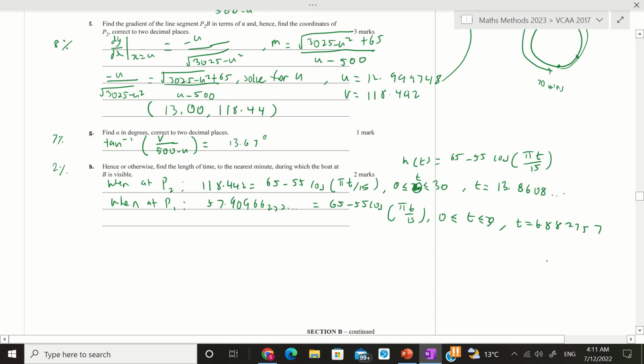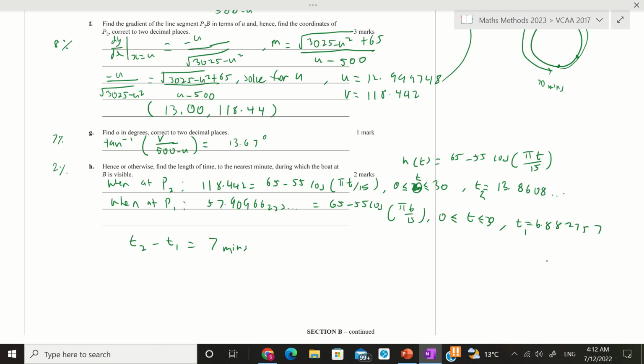So we'll take this value, 6.882757, because that's when we are at P1, and that's when we are at P2, and between those times is when the boat was visible. Therefore, to find the total time during which the boat is visible, calling these T2 and T1, T2 minus T1, when I round it off, gives me 7 minutes.